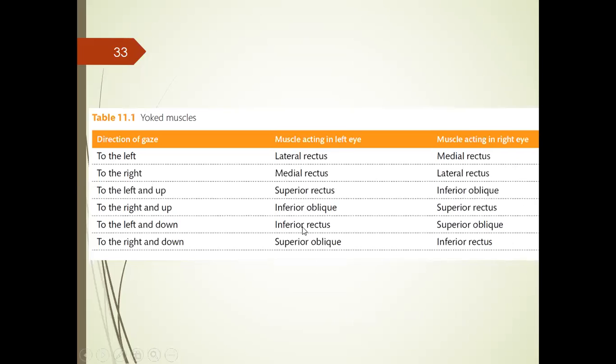Similarly, the superior rectus and inferior oblique of opposite eyes contract together. Inferior rectus and superior oblique will contract together. The superior oblique of one eye and the inferior rectus of the other eye will contract together. This action together is called yoked muscles.